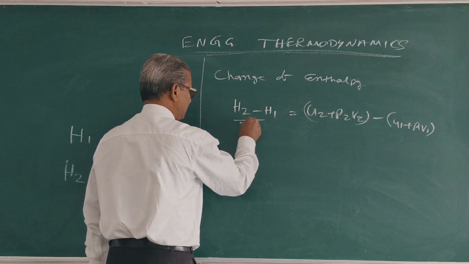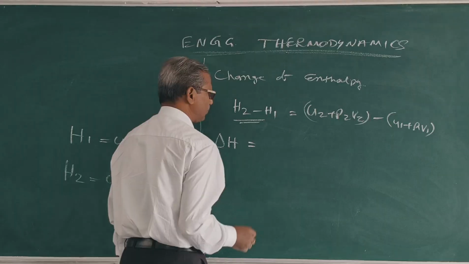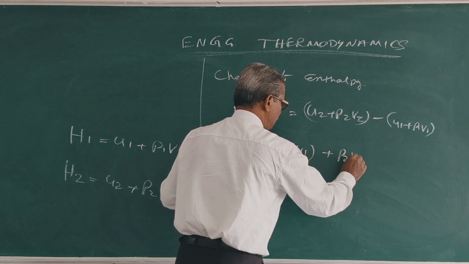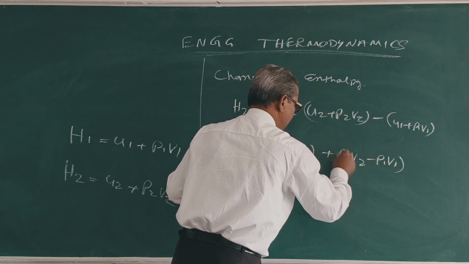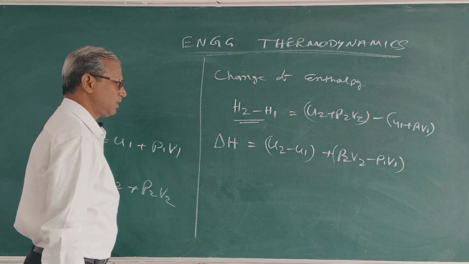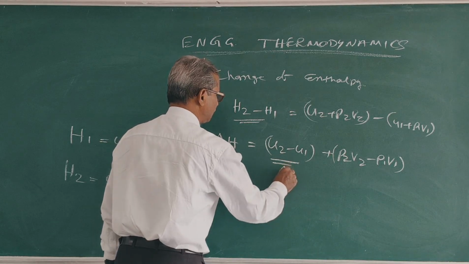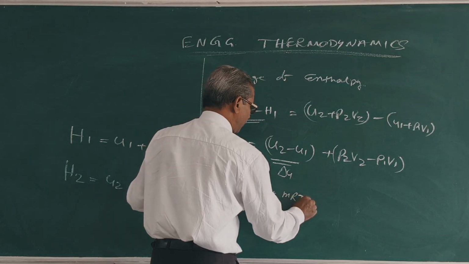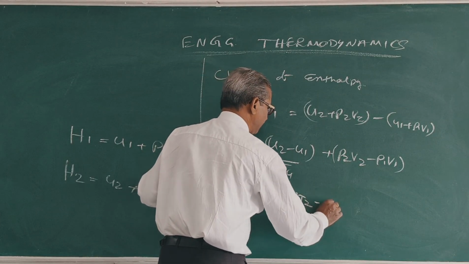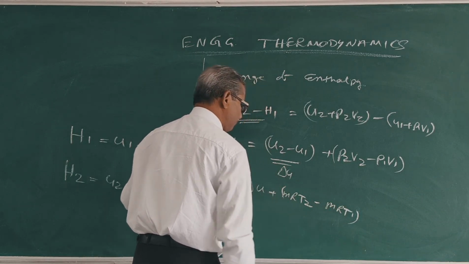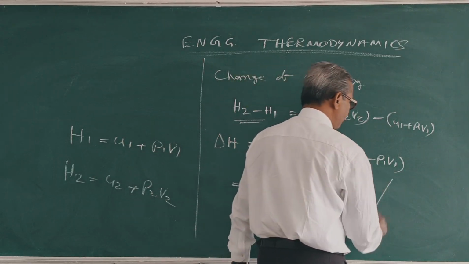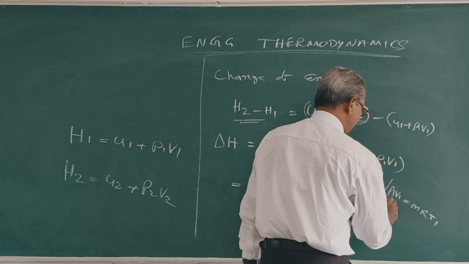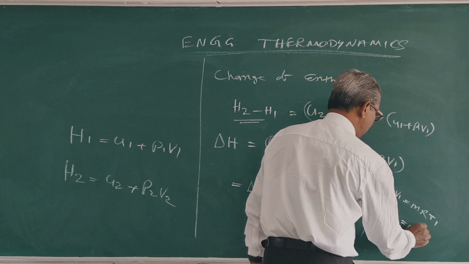This is delta H, which is equal to U2 minus U1 plus P2 V2 minus P1 V1. Clear? What is P2 V2? mRT2. What is P1 V1? mRT1. Clear? Where P1 V1 is equal to mRT1 and P2 V2 is equal to mRT2.